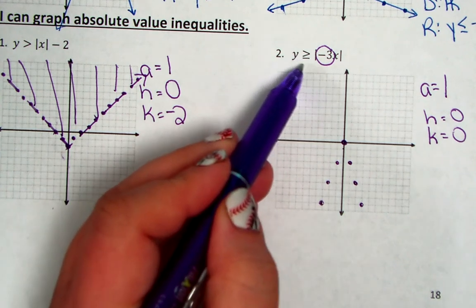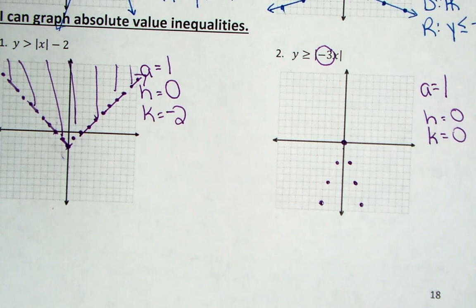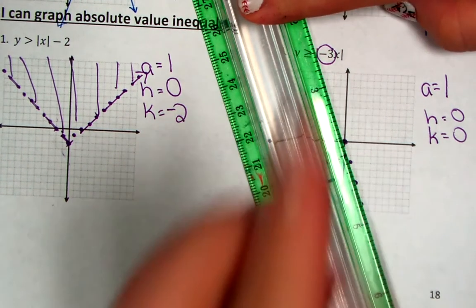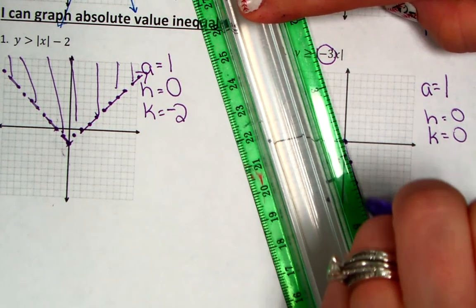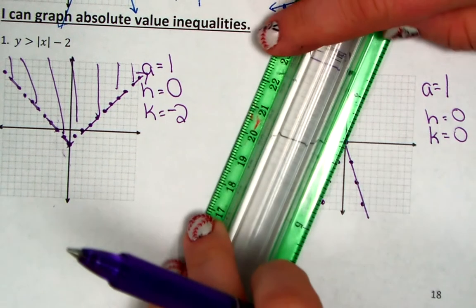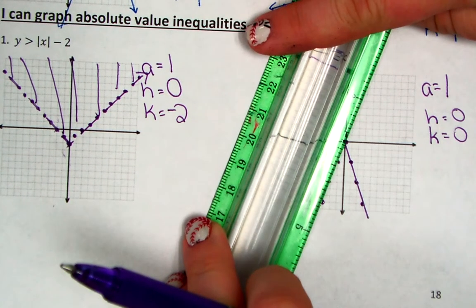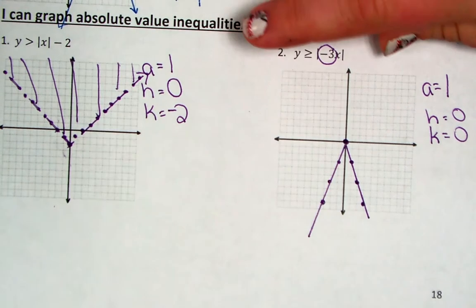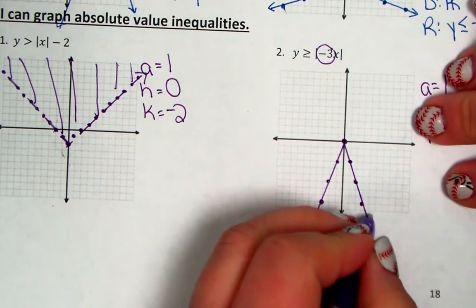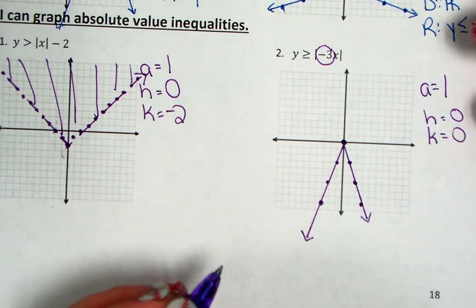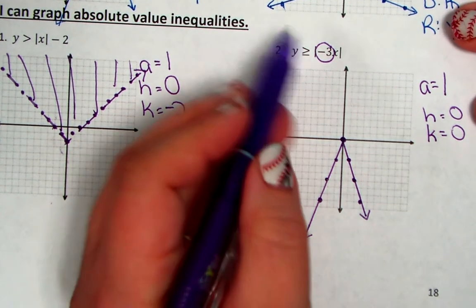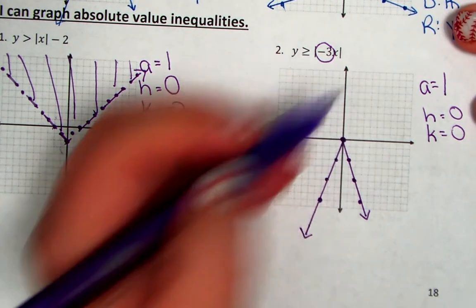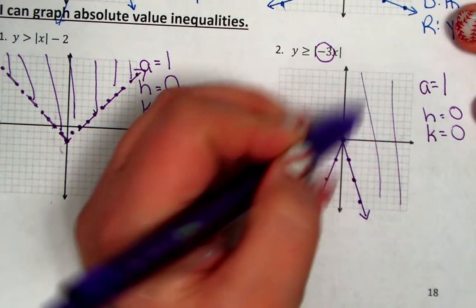It does have an equal to symbol for the inequality, so I can use a solid line to connect these. And this is also a greater than symbol. Y is greater than. So we are going to shade on top of the line or where the Y's are going up.